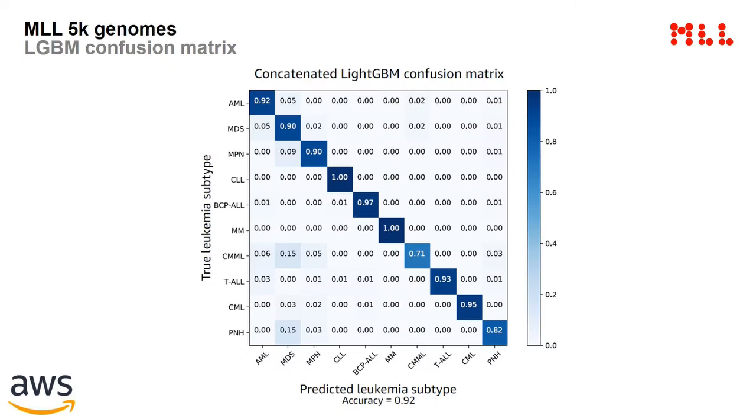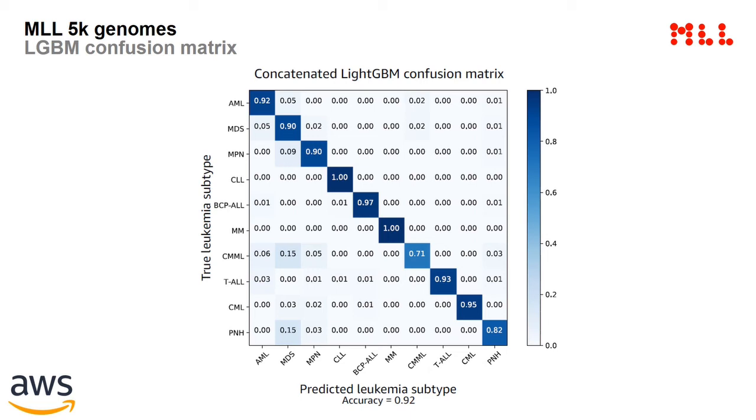We also use this huge data set of genomes and transcriptomes to test machine learning tools together with AWS. And here on the left, you see the true leukemia subtype as diagnosed by our gold standard diagnostic tools. And here the predicted leukemia subtype based on machine learning and the respective information that is located in the genome and the transcriptome.